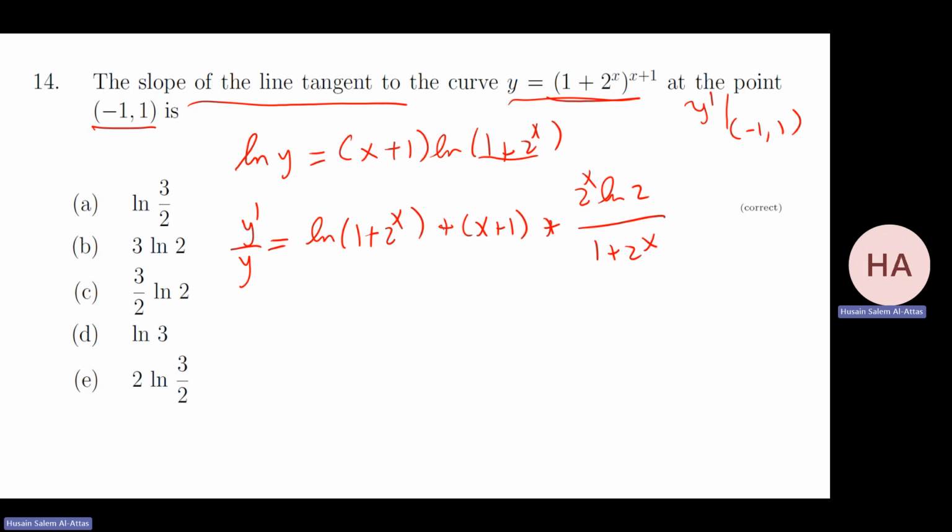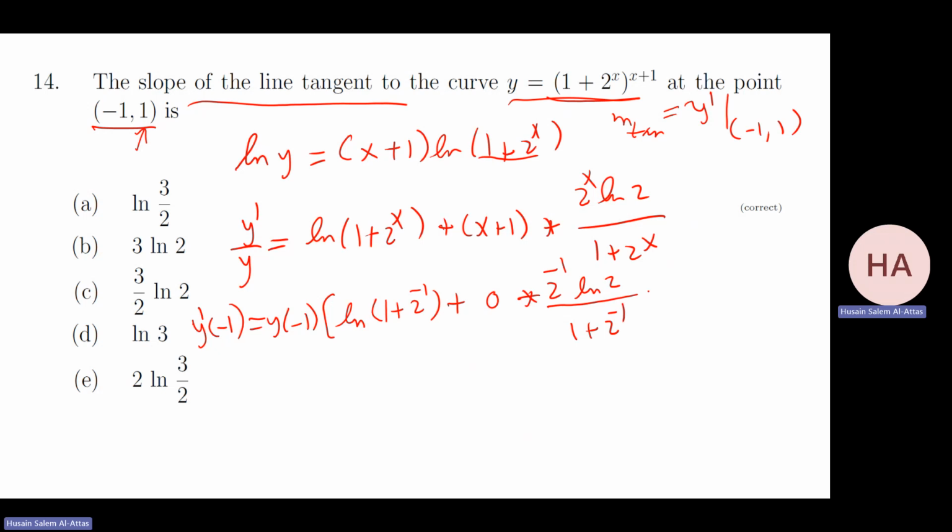I'm doing it at x equal minus 1. So I need to find y prime at minus 1. That will be the slope, m tangent. It will be y at minus 1, which is 1, times ln of 1 plus 2 to the power minus 1, plus, here I have 0. 2 to the power minus 1 ln 2 over 1 plus 2 to the power minus 1.